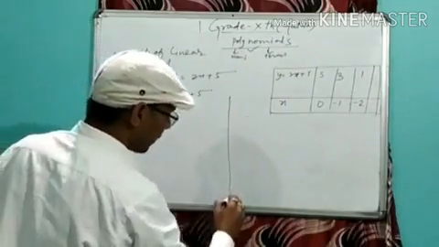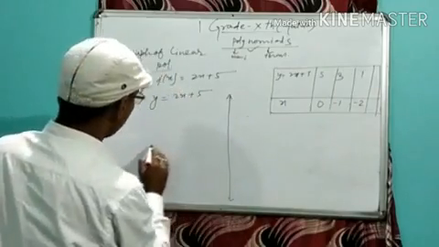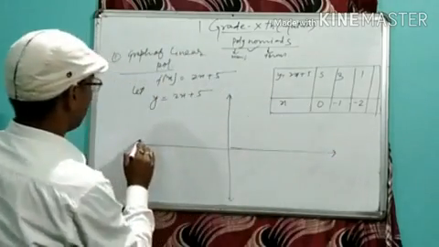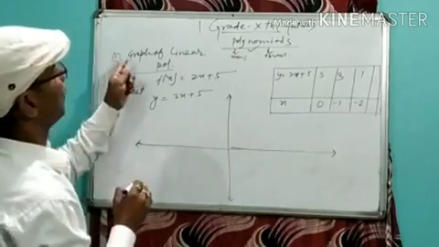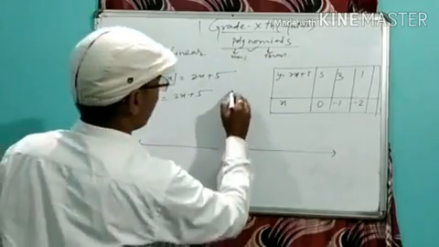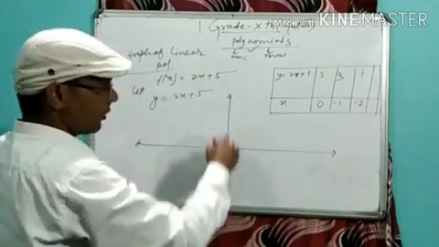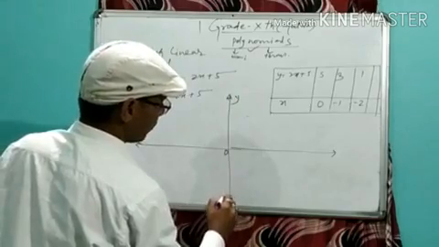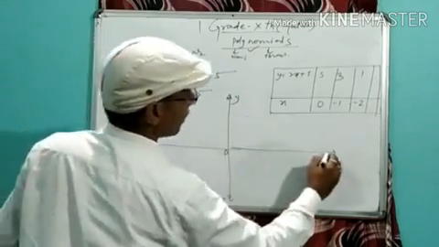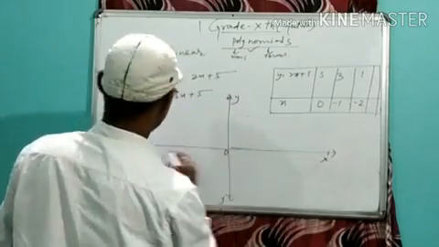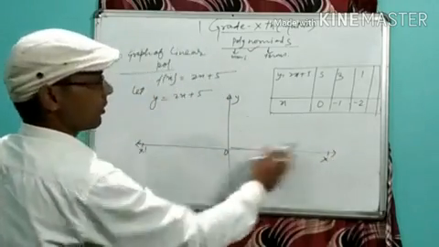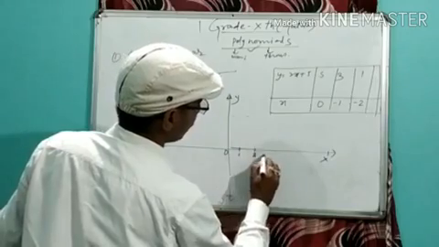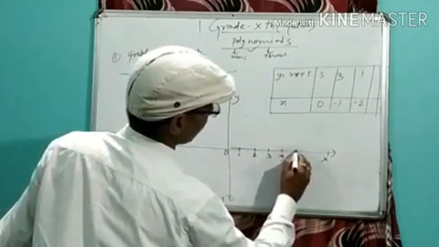Now I am taking the graph, showing you which type of graph will be of the linear polynomial. This vertical line, you know, is known as the y-axis, and this horizontal line is the x-axis. We will take 1, 2, 3, 4, 5.